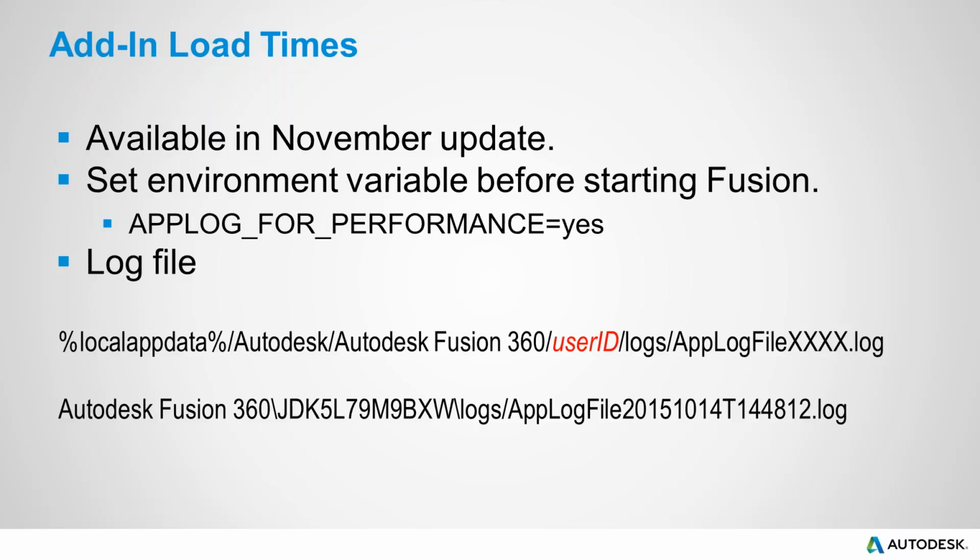On Windows, it's in local app data, I'm not sure exactly where on Mac, down in Autodesk Fusion 360, and then your user ID, and then the logs directory, and then the file itself. Here's an example of a real path. Your user ID is this mix of numbers and characters, and then the log file has a name based on the date.